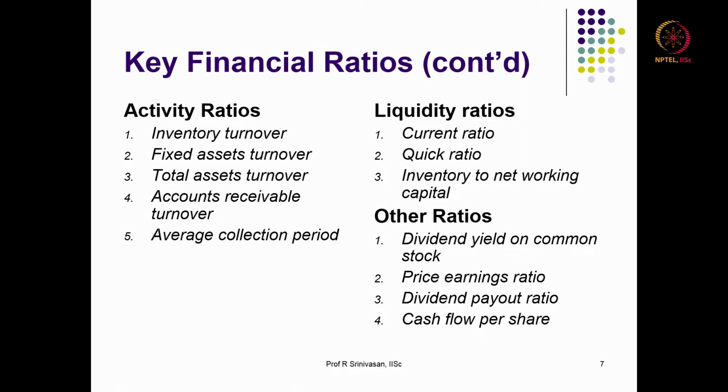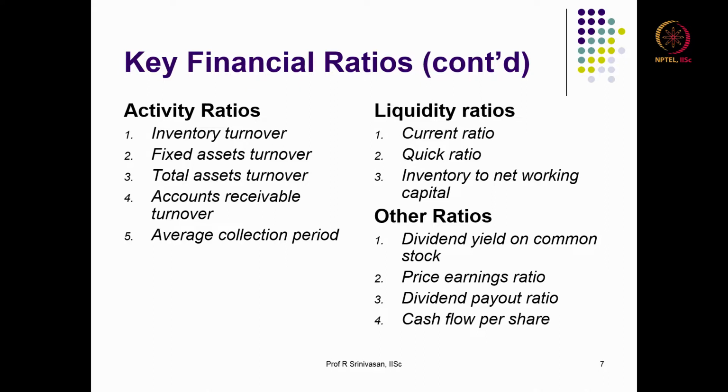Price earnings ratio: faster growing or less risky firms tend to have higher price earnings ratios than do slower growing or more risky firms. Then the dividend payout ratio indicates the percentage of profits paid out as dividends.